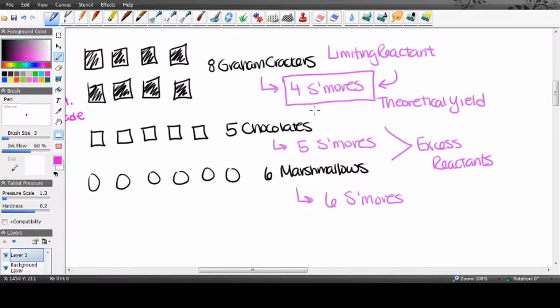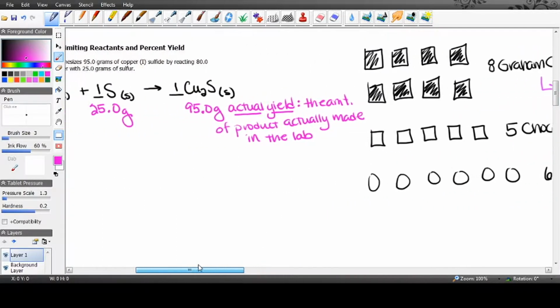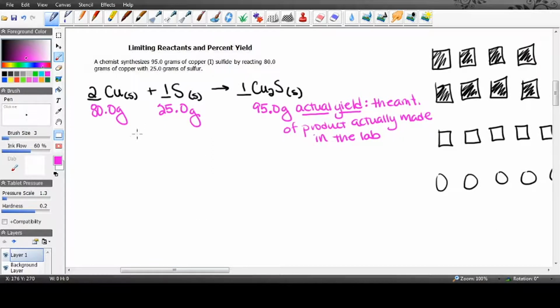It can make the least amount of product. So that's what we're going to do here. We're going to do 2 sets of dimensional analysis from copper to grams of product and from sulfur to grams of product. This amount of grams that the limiting reactant should be able to produce is called your theoretical yield.